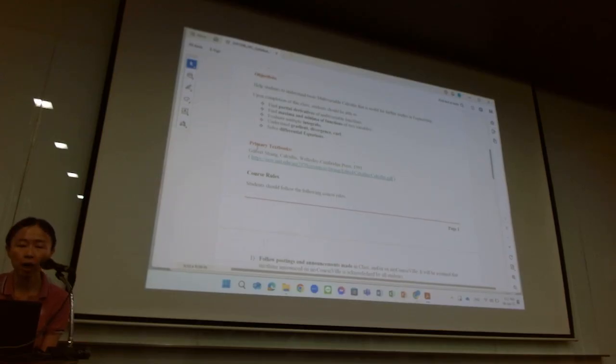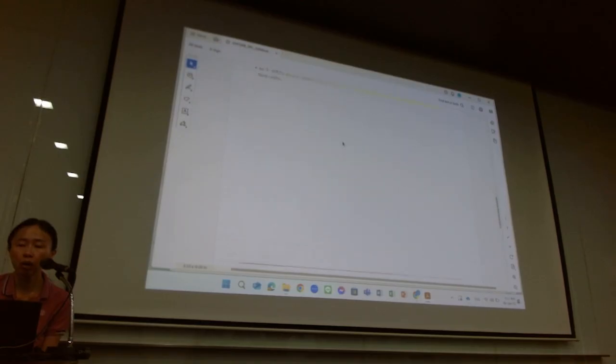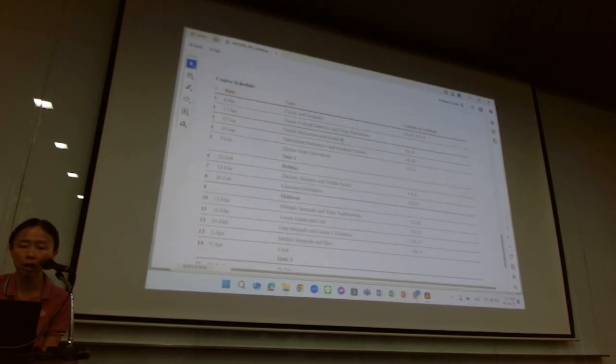You can reference this book. It's a very old book, but I don't think it has changed much. For calculus, you can download this. It includes calculus 1, calculus 2, calculus 3. The major content in this course is from chapter 11 until chapter 15. No problem? Okay.